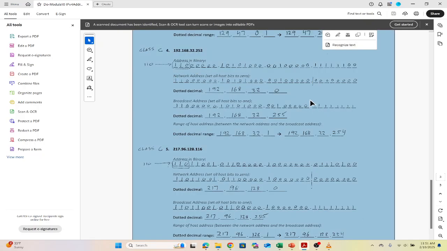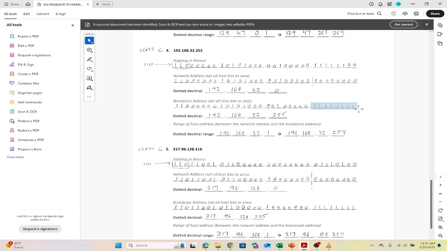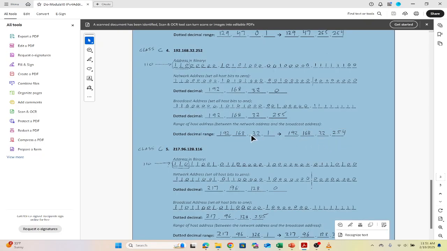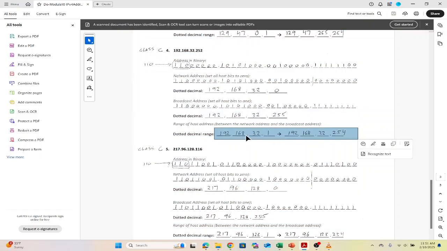Everything set to 1 would be the broadcast. This is the broadcast IP address. Then the range would be the network address plus 1 through the broadcast address minus 1. So this would be the range of available IP addresses to assign for this Class C, ClassFUL IP address.